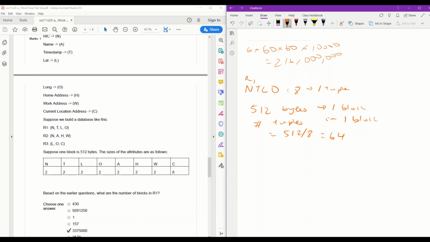And based on 64, we know that there are 216 million tuples in relationship 1. So we just need to take 216 million divided by 64, and you should get 375,000. I hope. Yeah.